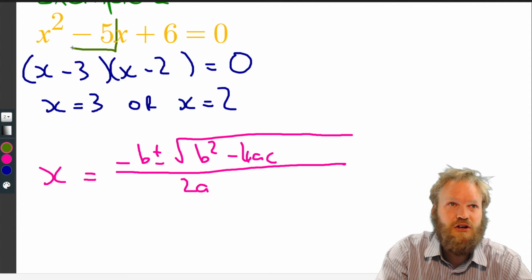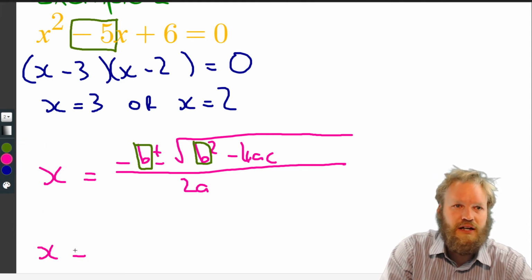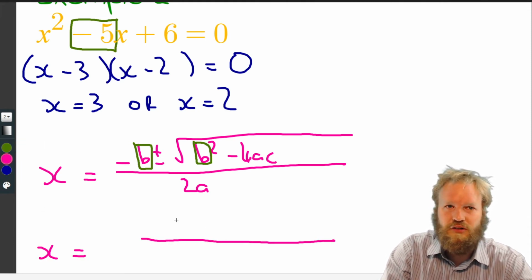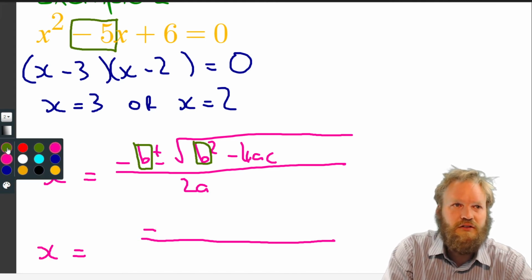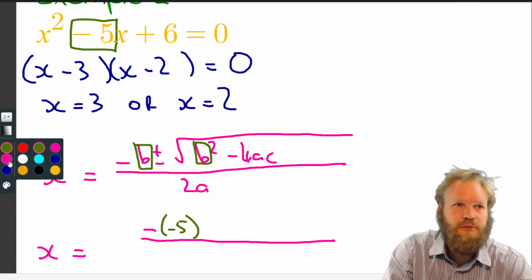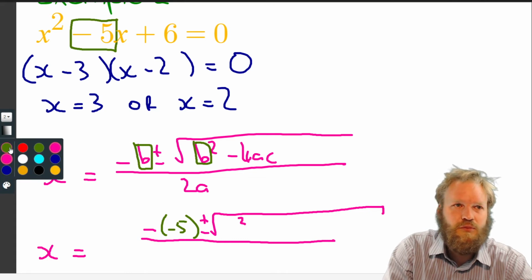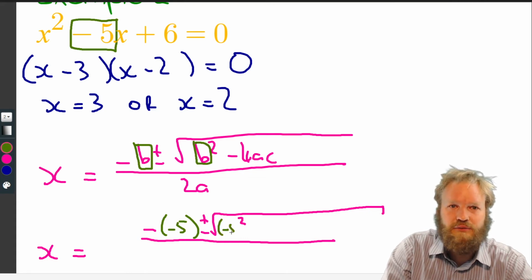So x equals, there's a fraction, negative. The value of b was negative 5, so we're going to put negative 5 in there. Plus or minus the square root of b squared. Well, b was negative 5.